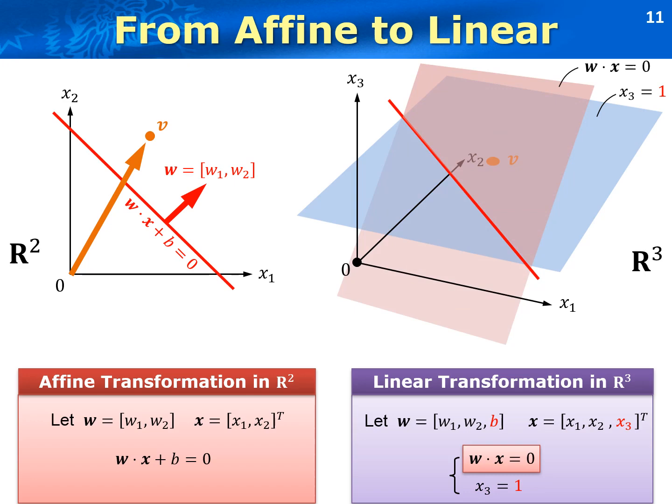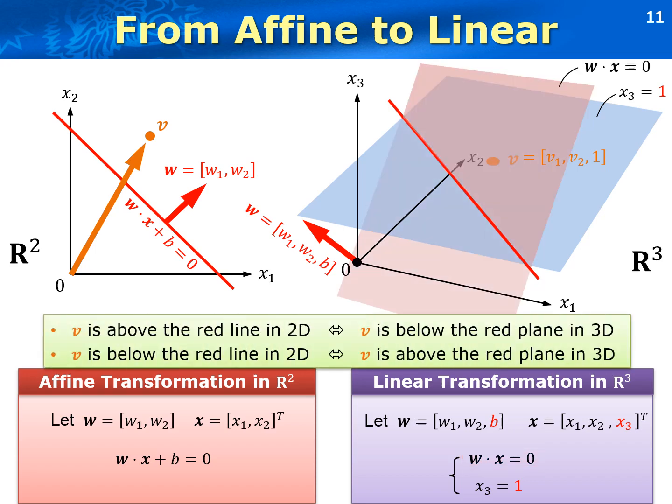The norm vector of this red plane is denoted by W, which takes the value W1, W2, and B. It is important to notice that in 2 dimension, we use a red line for binary classification, and the red line may not cross the 0 point. When converted to 3 dimension, we can use this red plane for binary classification, and this red plane is across the 0 point in 3 dimension.